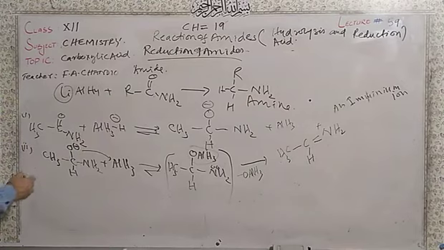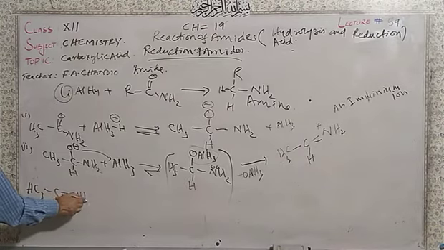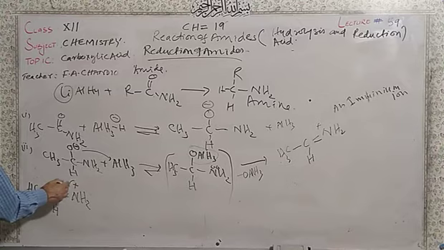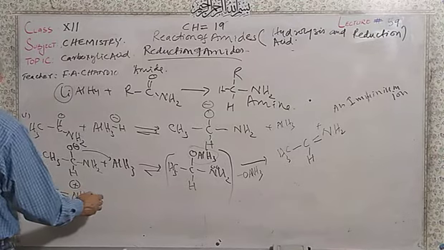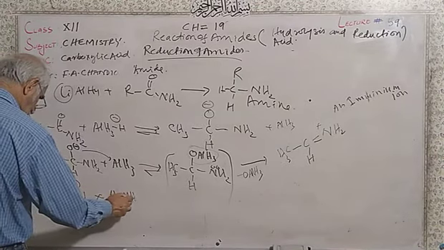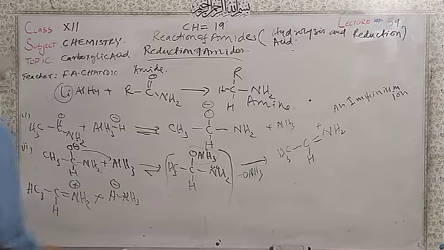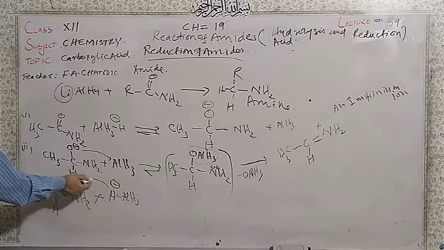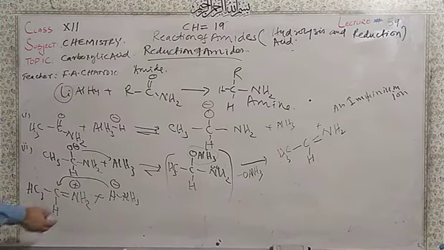This ammonium ion is going to react again with hydride. So you will get the amine. This hydride negative is going to be attached here to the carbon.